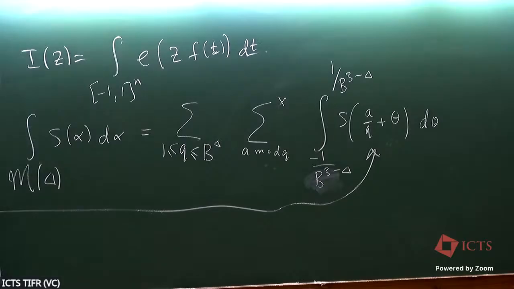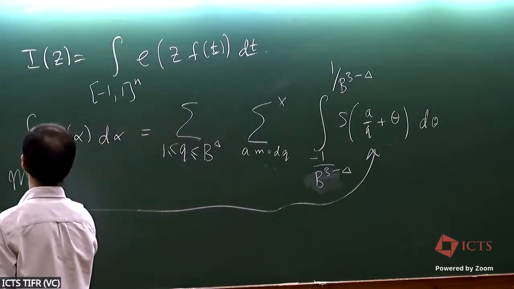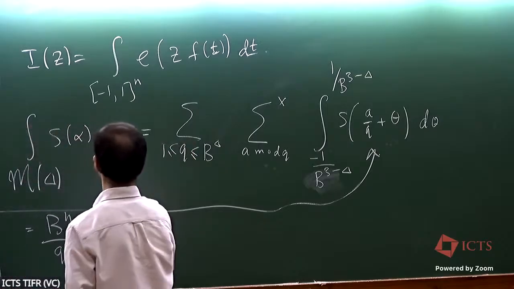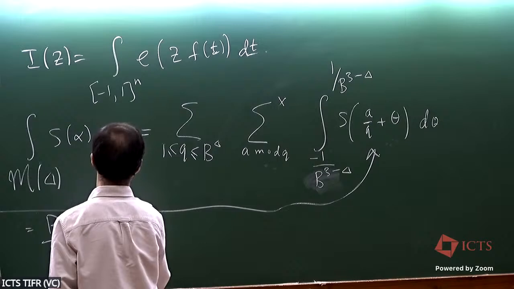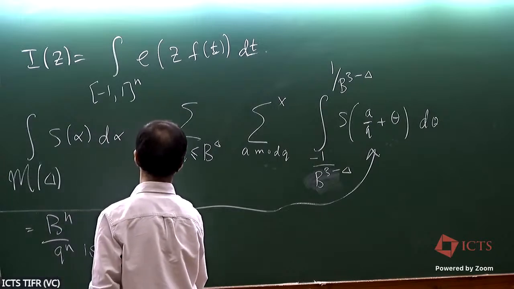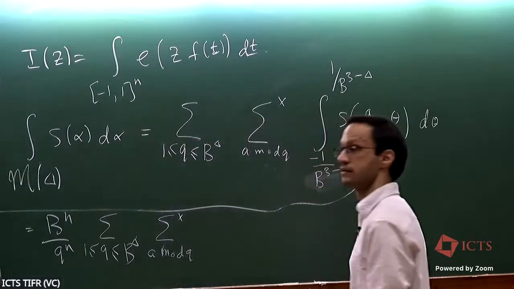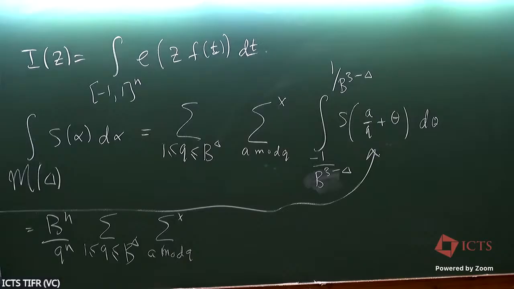So we see that if you write it all together, this particular thing is going to be B to the N over Q to the N. We have a Q sum. We have an A modulo Q sum. I'm sorry, that should be very much inside the Q sum.